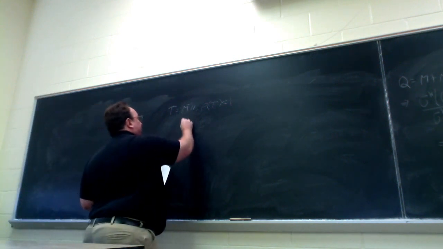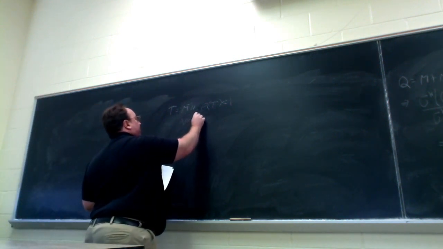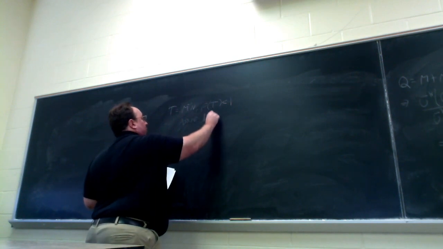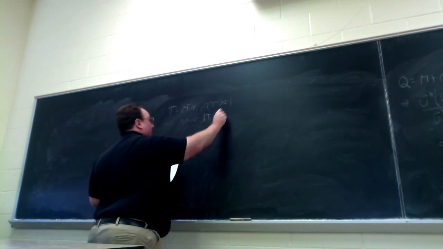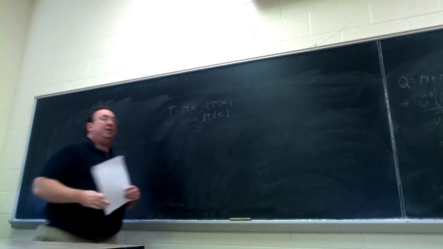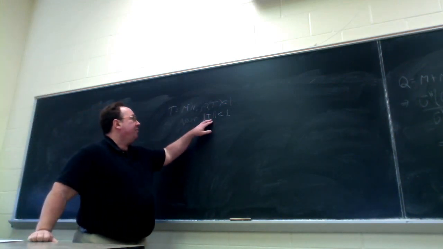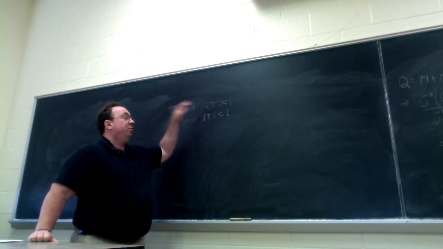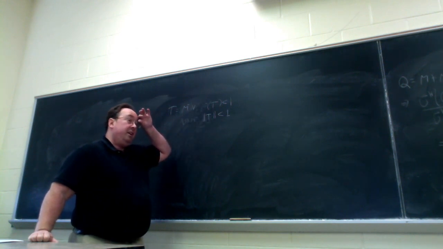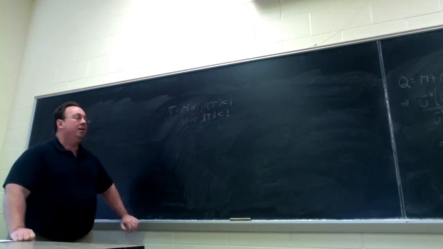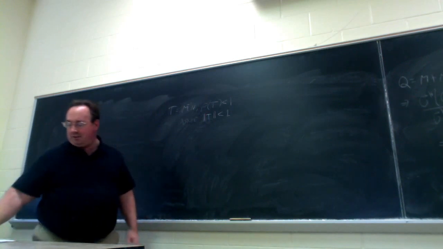But we're going to assume something a little stronger than that. We're going to assume that the norm of T, some norm, is less than 1. Now that's not necessarily true. Any natural norm is always greater than or equal to the spectral radius. So you could have spectral radius less than 1 and various natural norms still be greater than or equal to 1. But we'll assume it's less than 1 in this case.